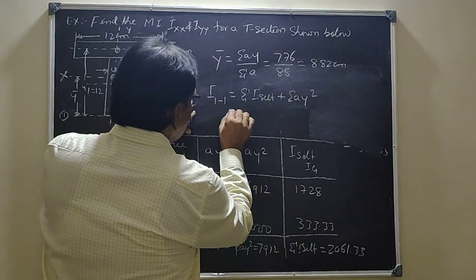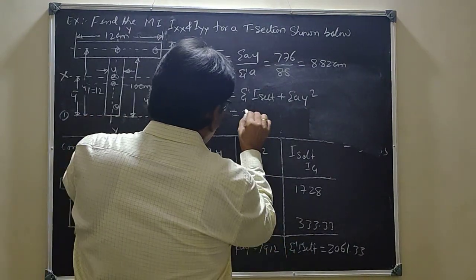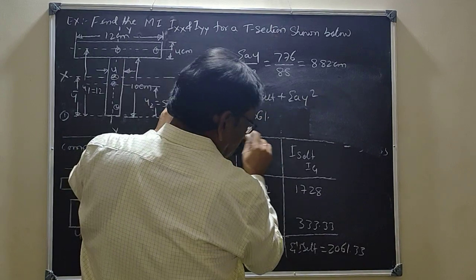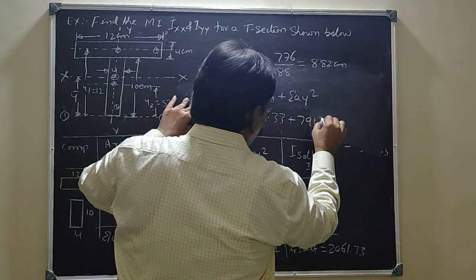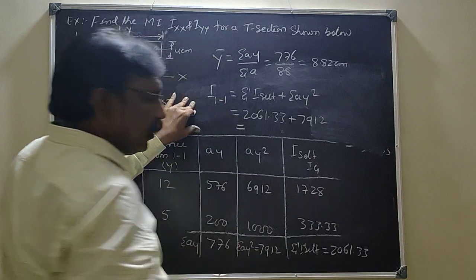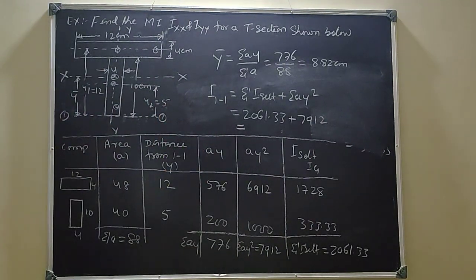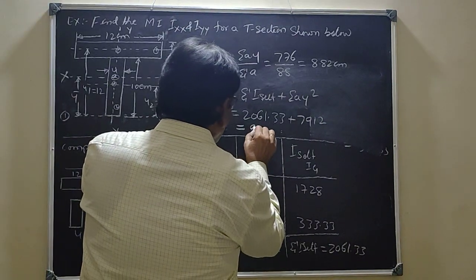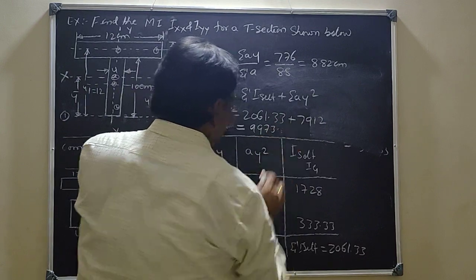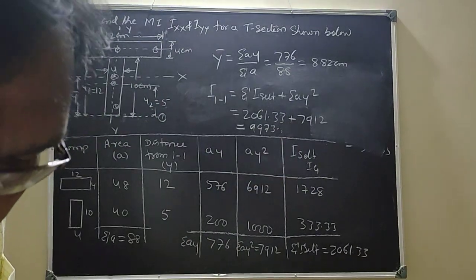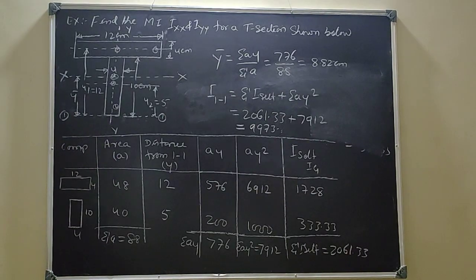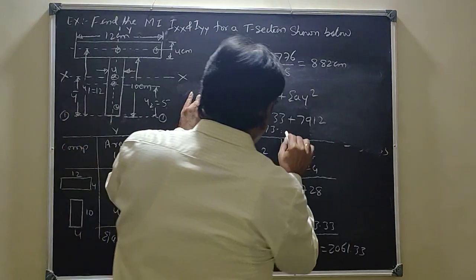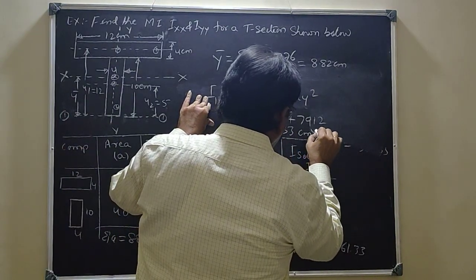So therefore this is equal to 2061.33 plus 7912. That works out to be 9973 centimeter to the power of 4.